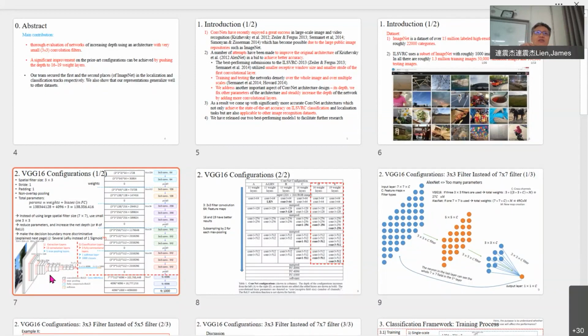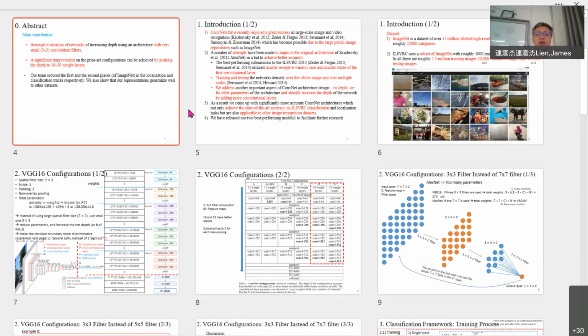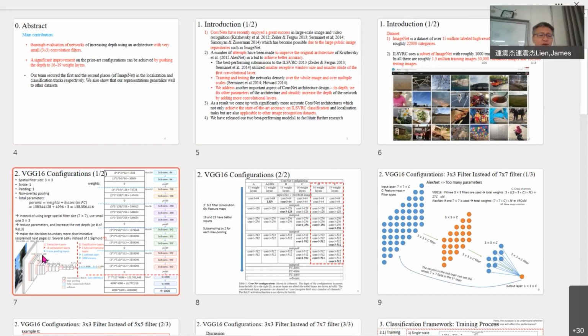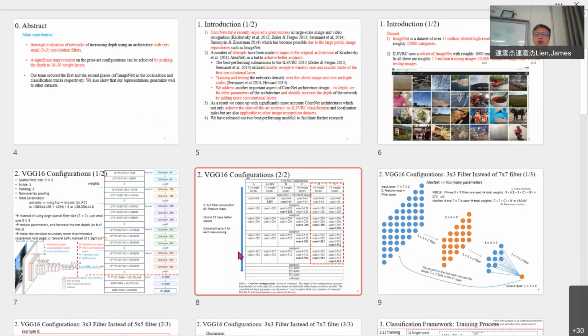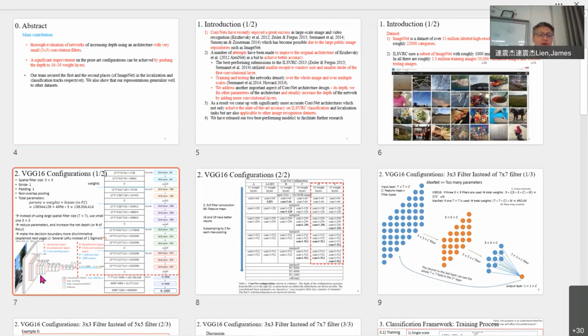AlexNet is 5 plus 3, VGG16 is 13 plus 3, and VGG19 is 16 plus 3. The last 3 layers are always the neural network for classification. So VGG16 has 13 convolution layers in 5 blocks, meaning 5 downsamplings. I will go back and teach page by page, but here I just give you a global idea.